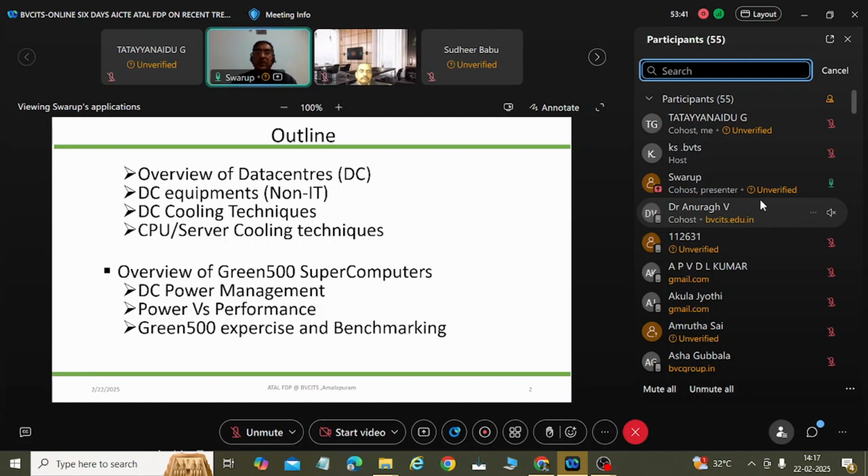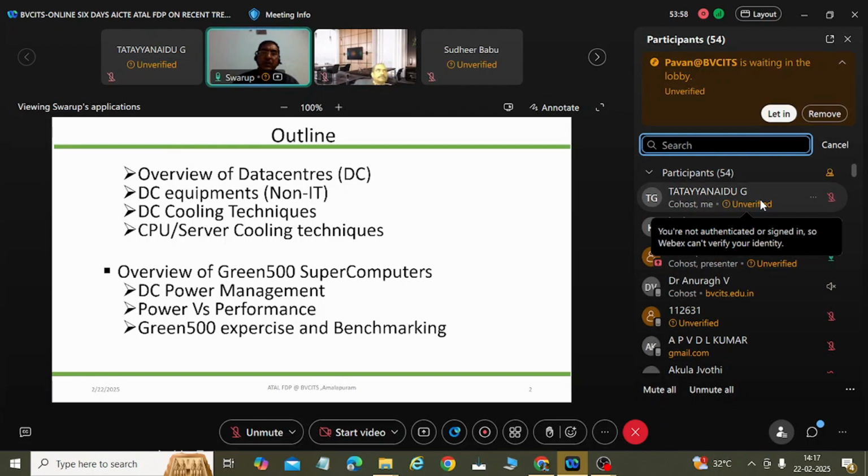There are so many techniques for heat removal. Today's discussion goes into the various techniques in the data center with respect to heat removal, and the equipment needed to run a particular HPC system. You need to create a data center kind of environment. I am talking specifically about large systems.